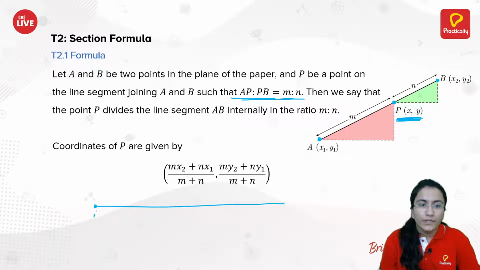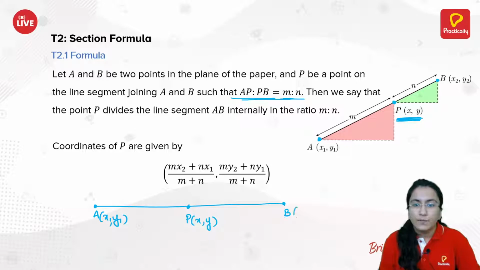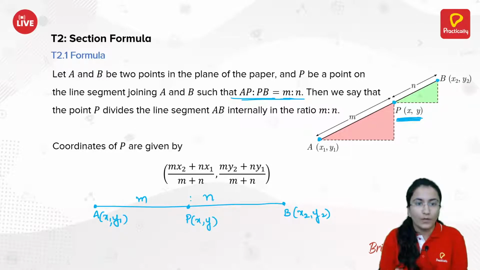This point over here is A and this point here is B. Here you have point P for which you need to calculate the coordinates. This point is x1 comma y1. This point is x2 comma y2, right? And it is in the ratio m is to n. Let's just see how you can remember the formula.